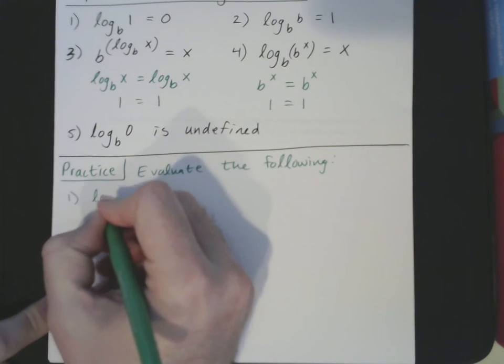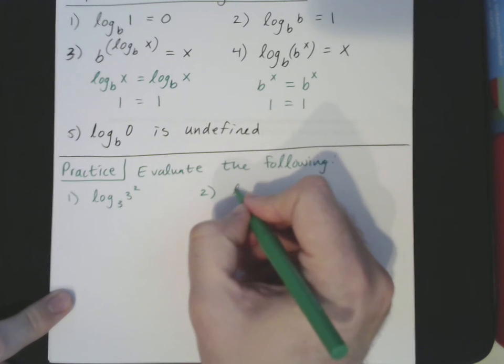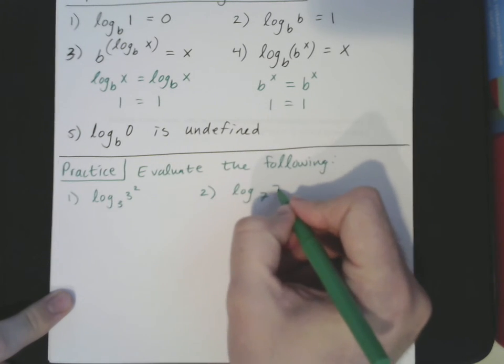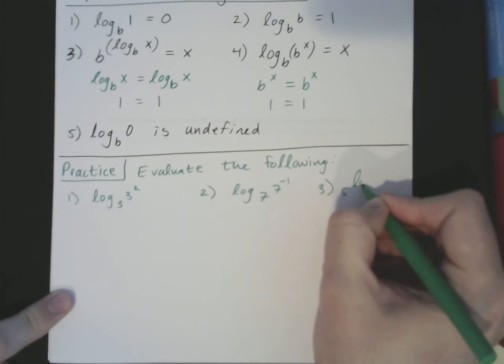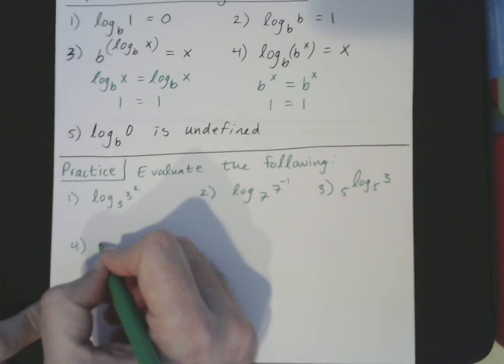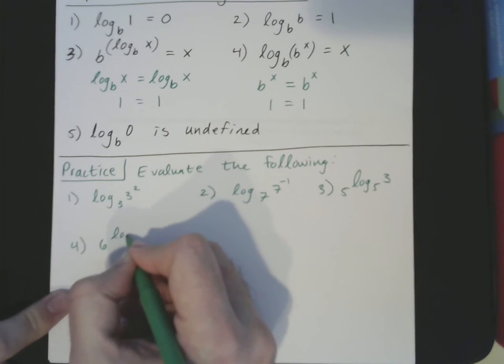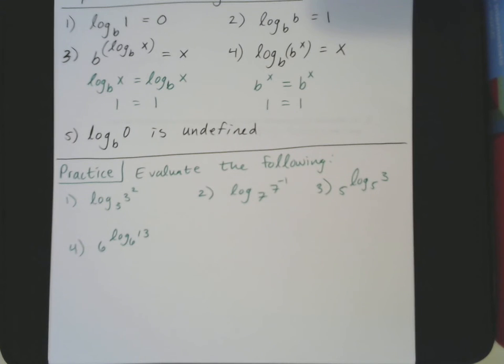So we have log base 3 of 3 squared, log base 7 of 7 to the negative 1, 5 to the log base 5 of 3, and 6 to the log base 6 of 13. So use your properties here, pause the video, and get your answers. And I'll start going through them now.